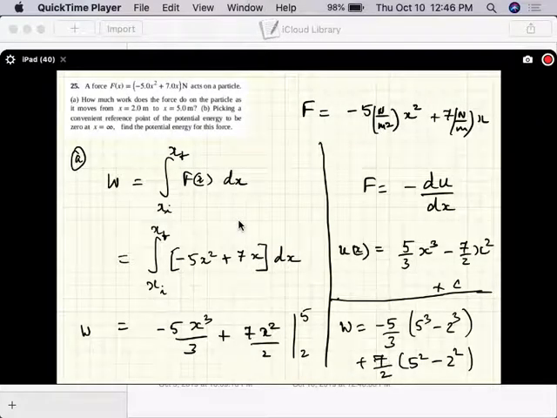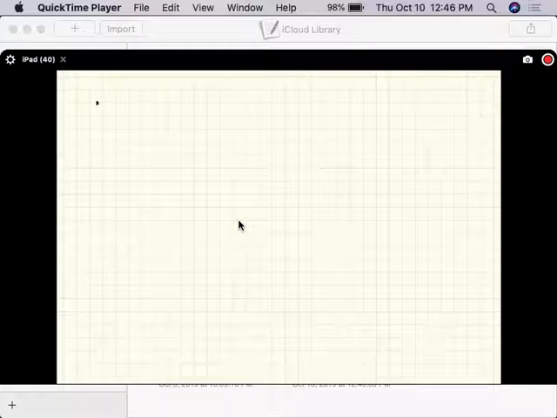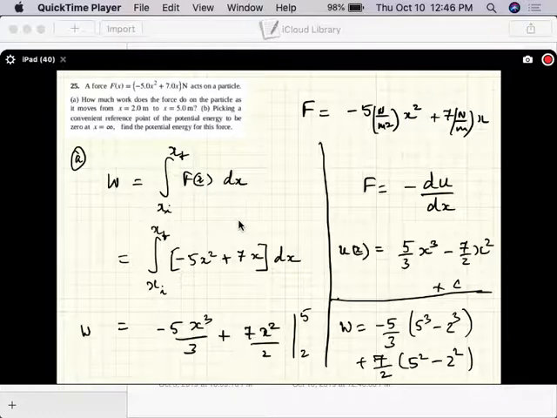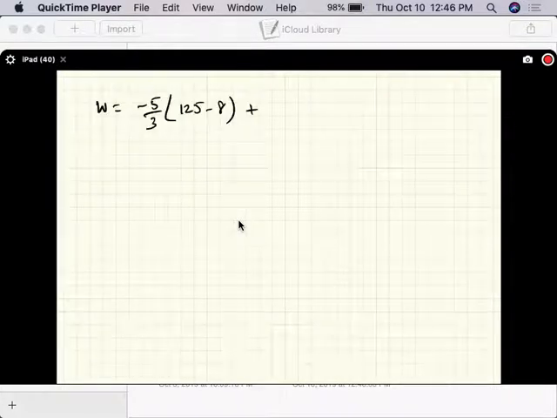All right, so this works out to, let's add a page below. Okay, so work is minus 5/3 times 125 minus 8, plus 7/2 times 25 minus 4.